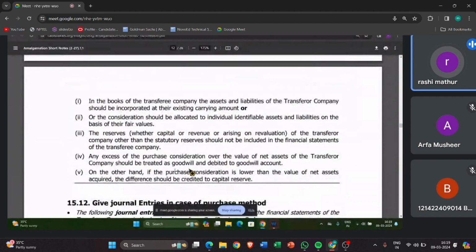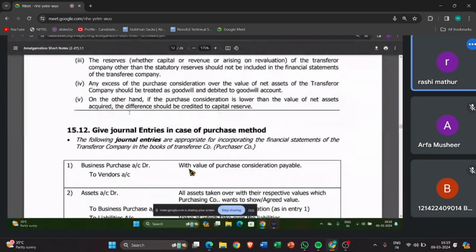That's all. As of now, don't see this, because what I have given in the examination is only realization account. Okay, so everybody write down: preparation of journal entries in the books of transferor company and realization account. Just learn that much for the amalgamation chapter.